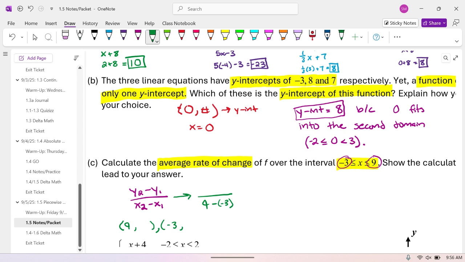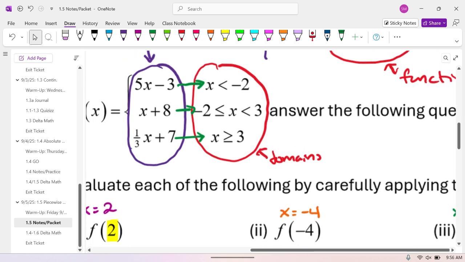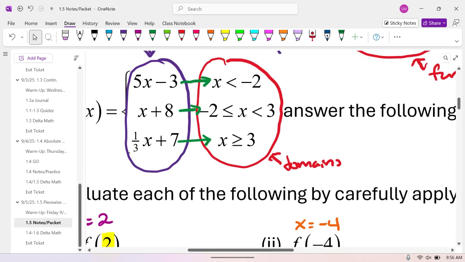We're going to start with 9. So take a minute. In your head, plug in 9 into each of these domains. Which inequality is true if I plug in 9 in for x? It'll be the third one? That's correct. 9 is greater than or equal to 3, so we use the third function.